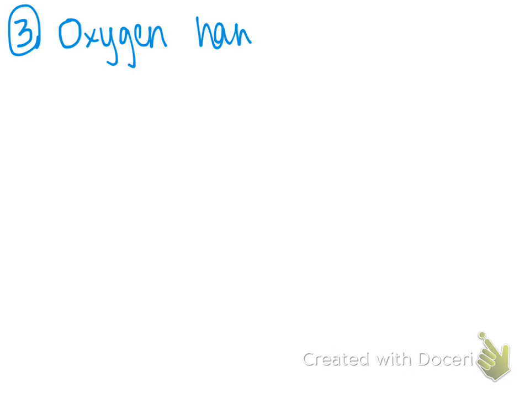Rule number 3 is the second of our big 3 elements, and it has to do with oxygen. Oxygen has an oxidation number of -2.